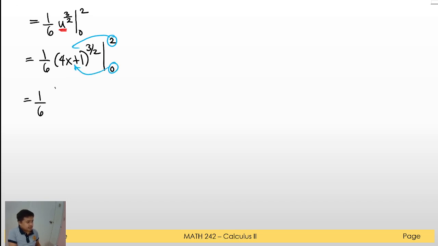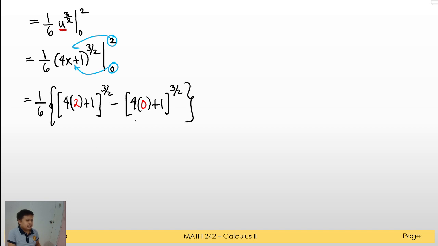So this will be equal to 1/6 times 4 times 2 plus 1, raised to 3 halves, minus 4 times 0 plus 1 raised to 3 halves. As we can see here, this will still be 9 raised to 3 halves minus 1 raised to 3 halves.